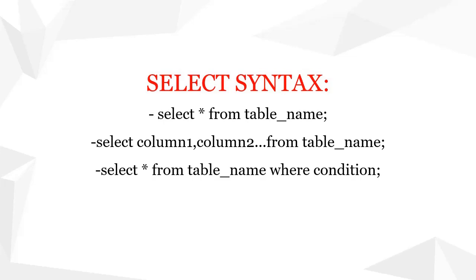It shows the complete table and all the records of that particular table. The second one is, we use the select keyword followed by the column names, which columns you want to retrieve from that particular table. You give those column names followed by the from keyword and then the table name.